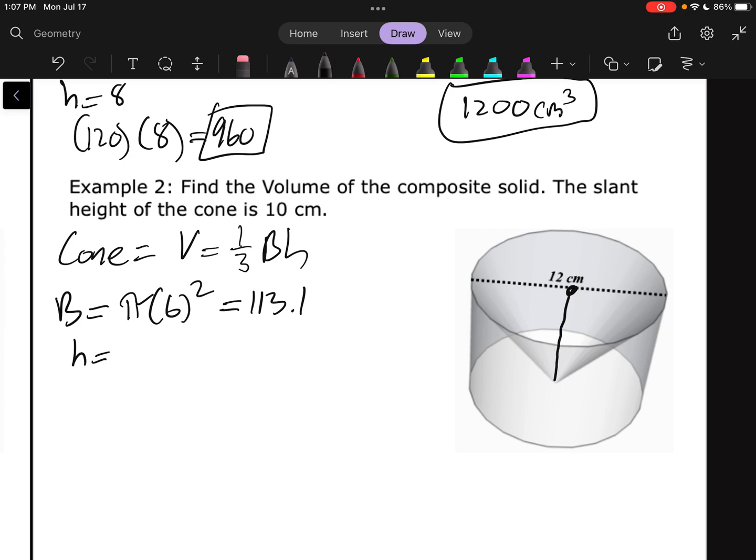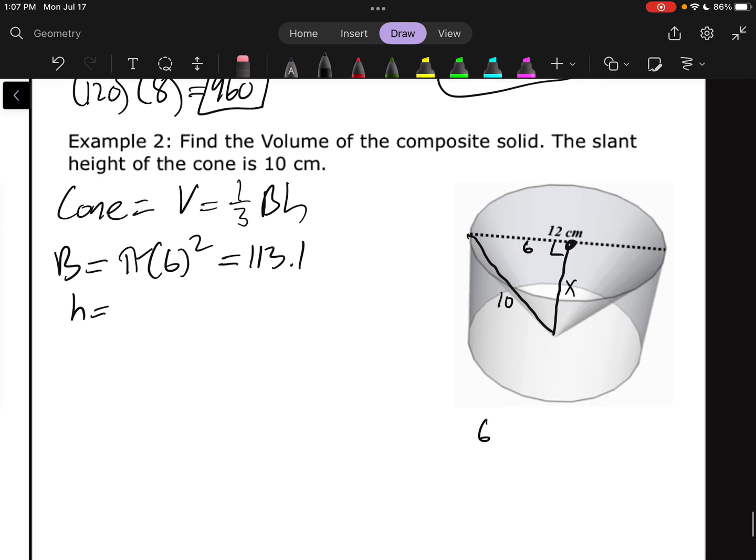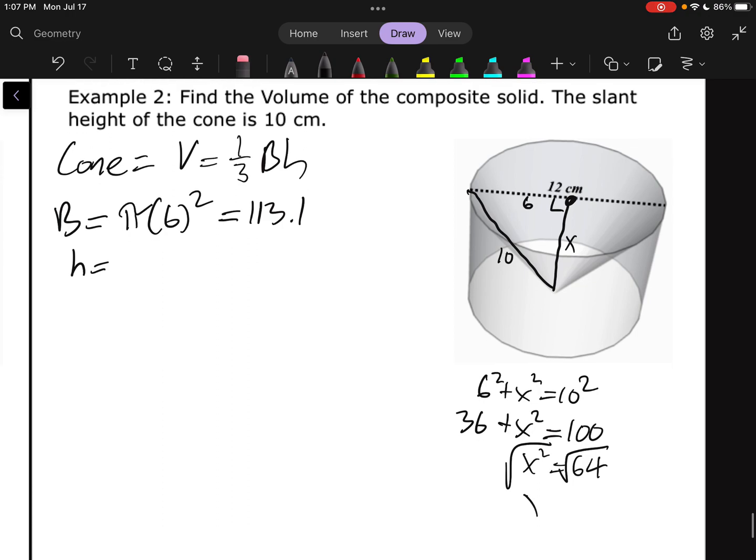we don't really know, do we? It says that the slant height is 10. So this part's 10. This would be 6. So the height, let's do the Pythagorean theorem here. 6 squared plus x squared equals 10 squared. 36 plus x squared equals 100. X squared equals 64. Square root of that is 8.